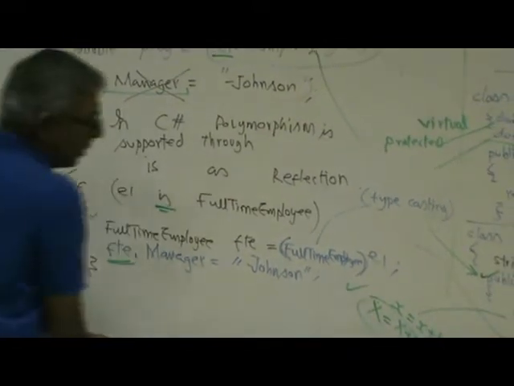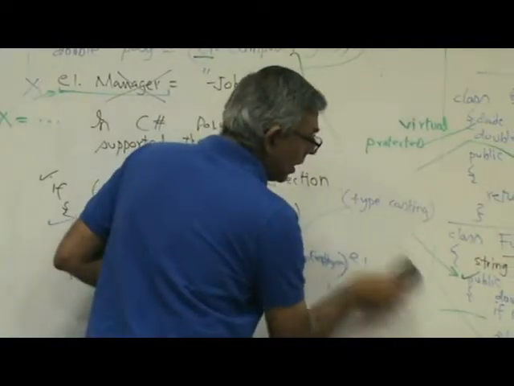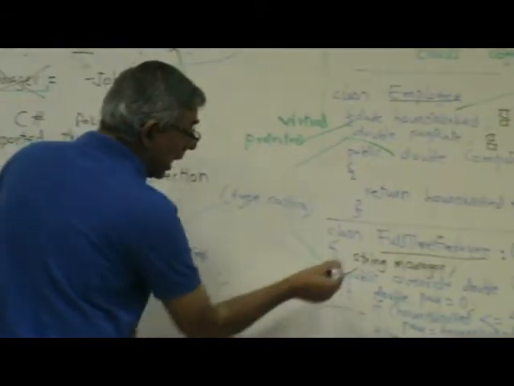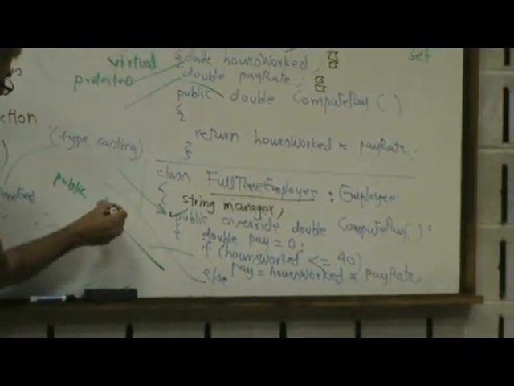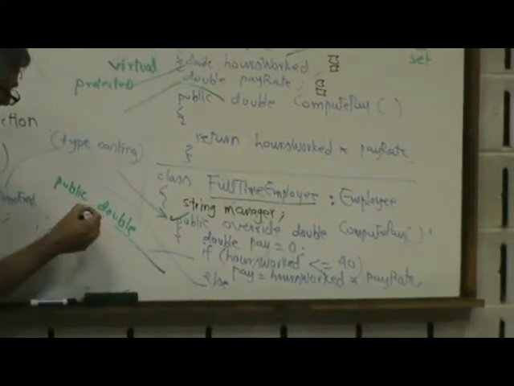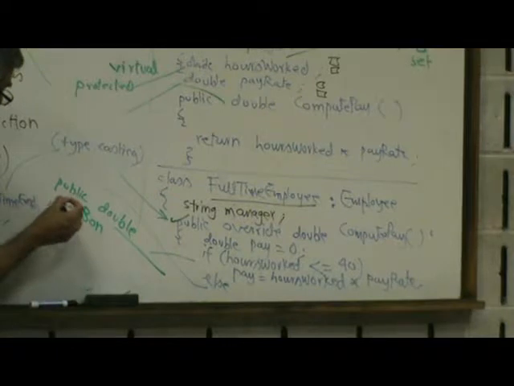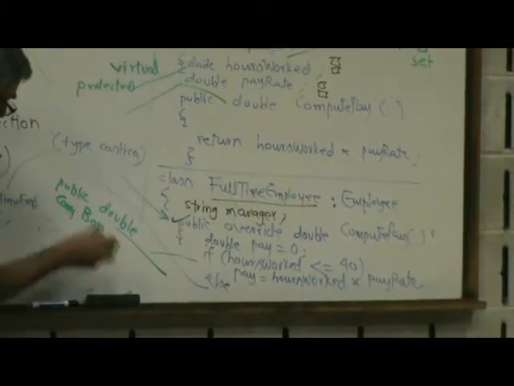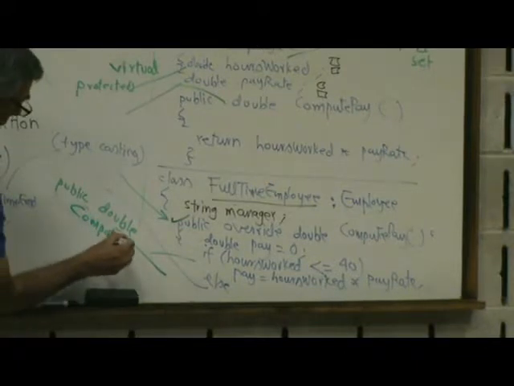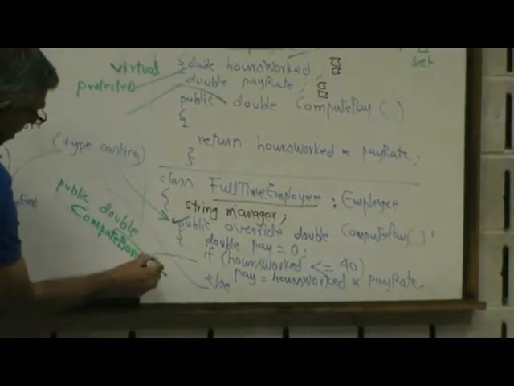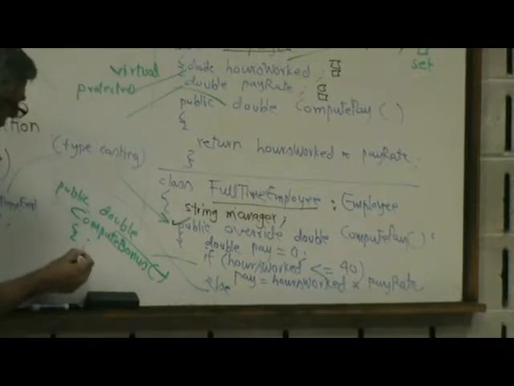So let's pretend over here in the full-time employee class, we also have one method, public double compute bonus, whatever the code is.